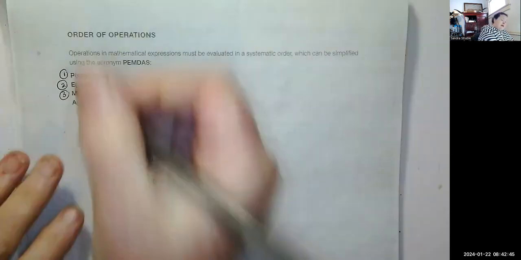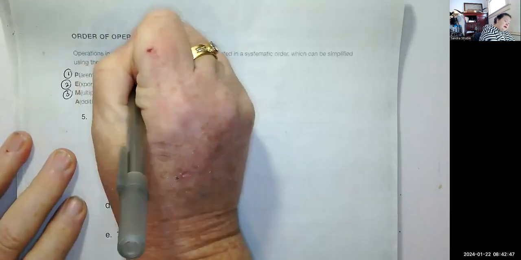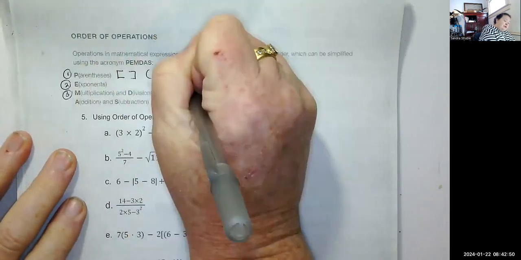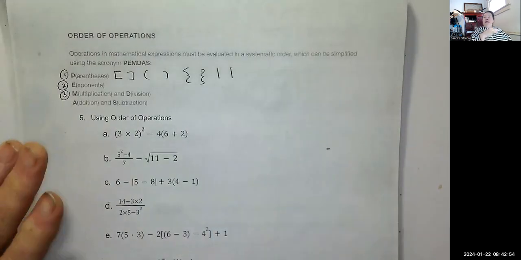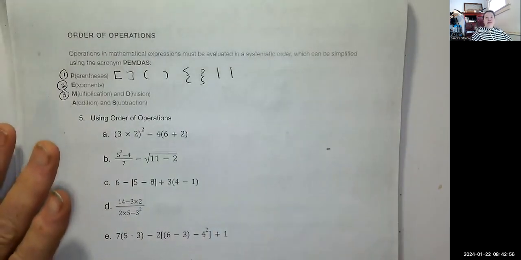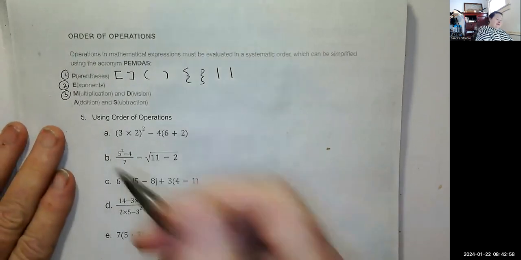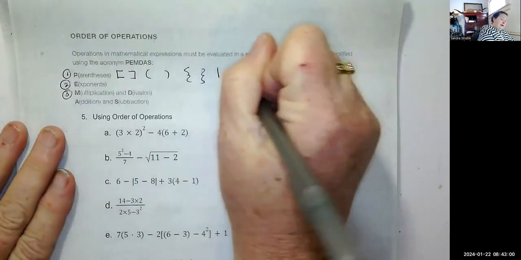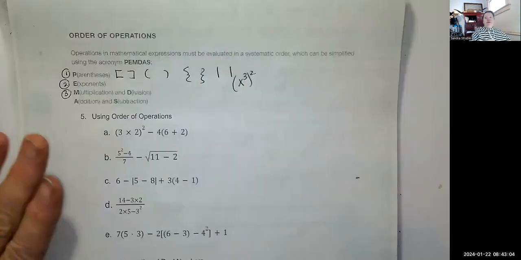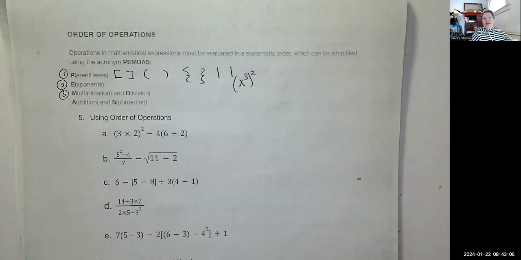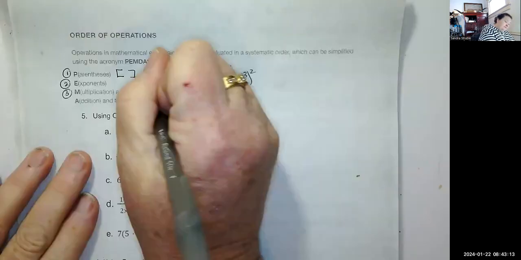Anything with a parenthesis could be a bracket, a parenthesis, those cute little squiggly things. It could be absolute value, anything parenthesis related. Then the next is your exponents, which would be something like x cubed, squaring it, anything having to do with exponents. And then finally, multiplication and division, as you see the problem coming from left to right.